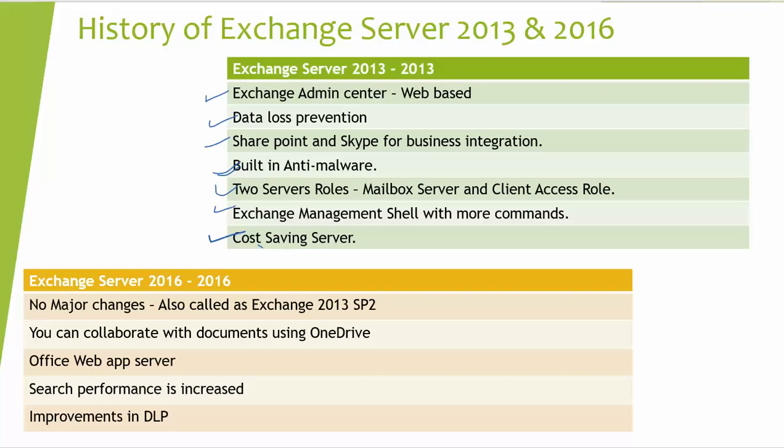You were able to search with more options and more specifically, and the performance was really increased. And then they added more options into DLP, like more rules, standards, exceptions and actions, where you were able to protect your organization from intruders or hackers in a much better way.